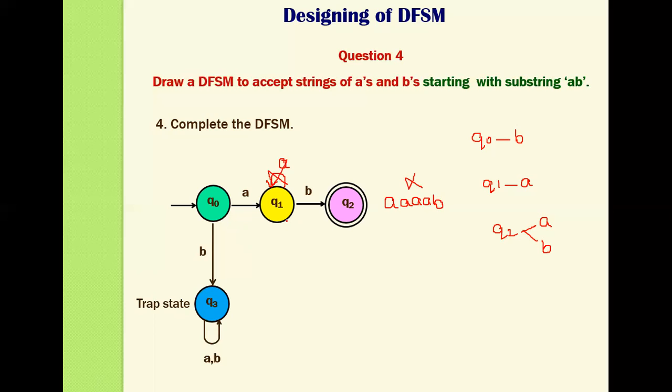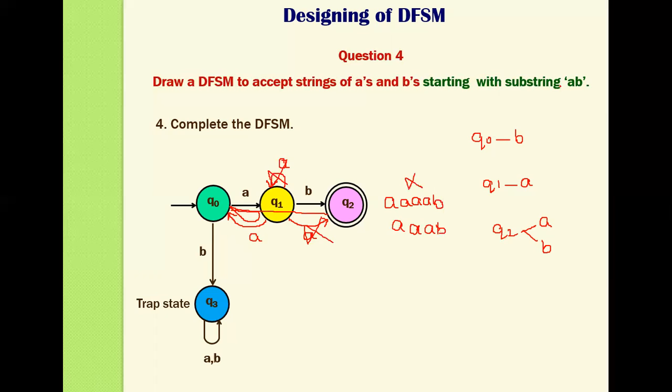Can I try a forward transition with A? Again, this is not possible. Can we have it as a backward transition? Let us try doing it now. A, A, A, then B. What is my string?